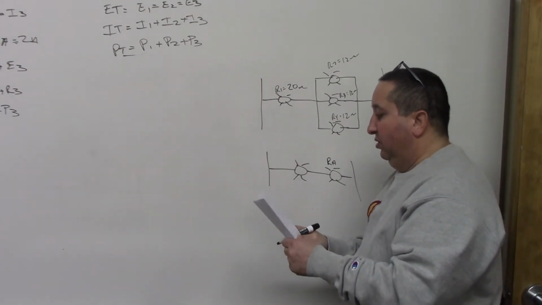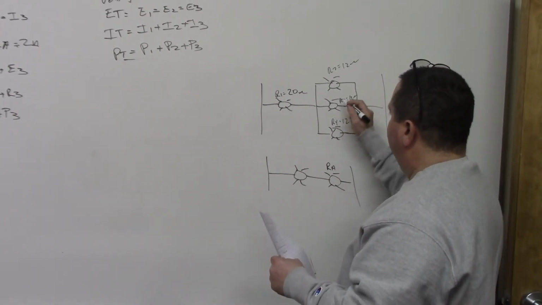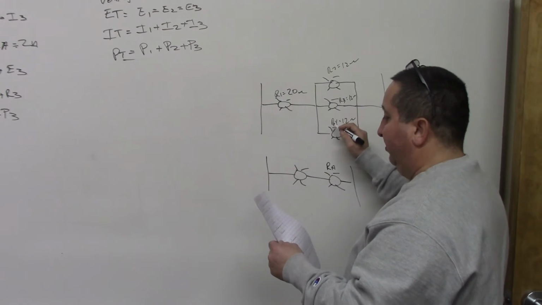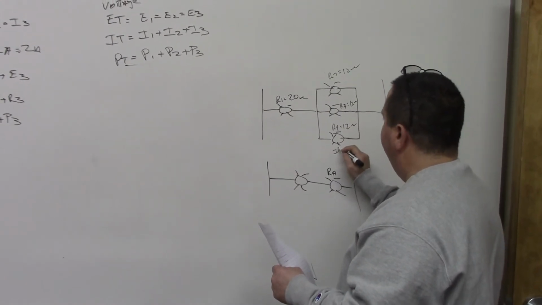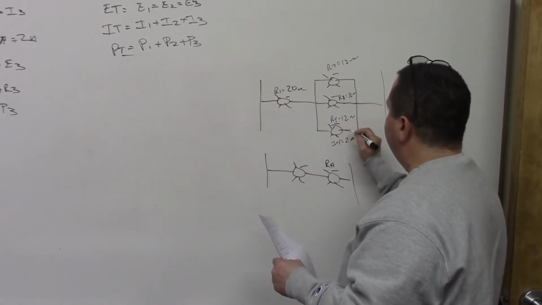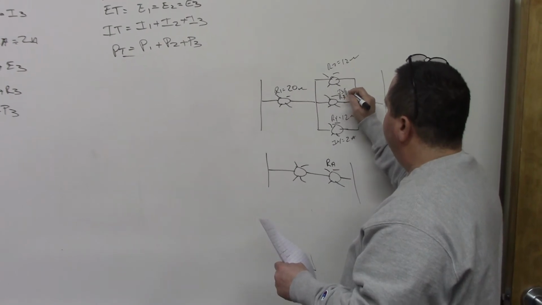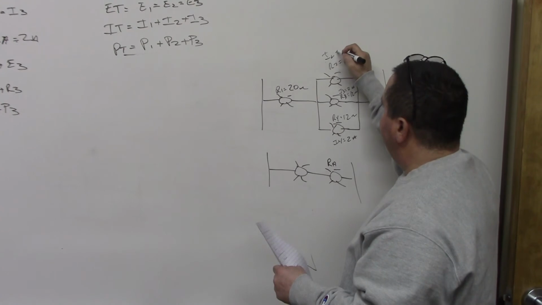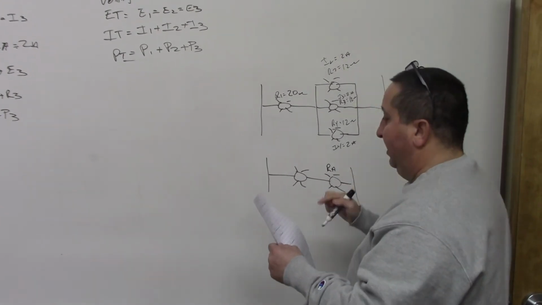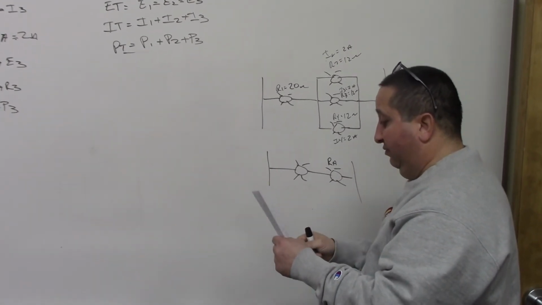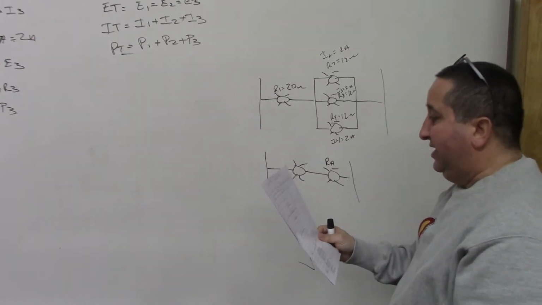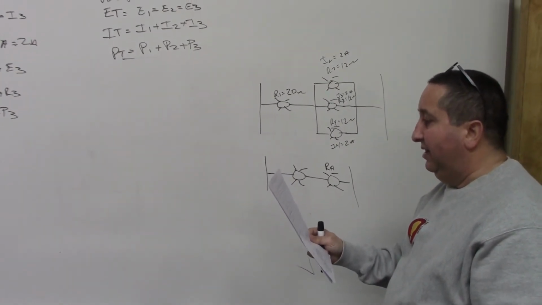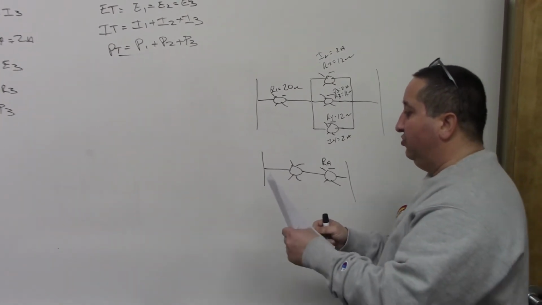And also, all the 12s are 2 amps: I4 is 2 amps, I3 is 2 amps, and I2 is 2 amps. Okay? And what else is given here? And that's about it.